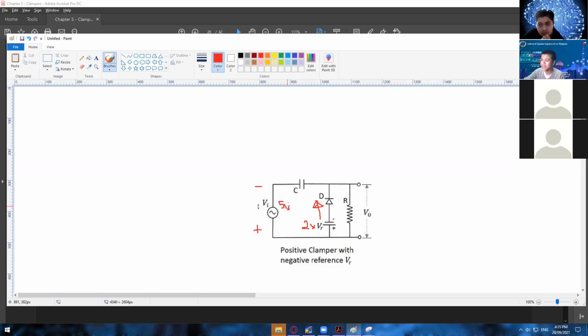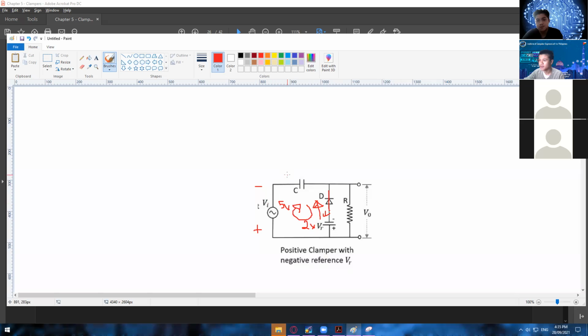Upon reaching a higher voltage than your VR, let's say at 3 volts, 4 volts, and then 5 volts, this will become a forward bias connection. So magiging close circuit to. Tama? And as a result, it will still flow on this VR right here. So madadaanan niya pa rin to sa loop na yan.